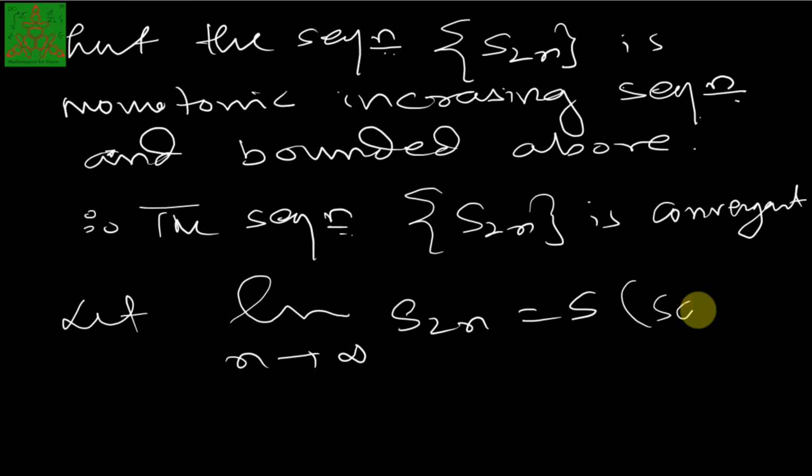Now what we have is the sequence of even terms of the partial sum. Now we will prove that the sequence of odd terms, that is S_(2n+1), also converges to the same limit. So for that, let us observe what S_(2n+1) will be.